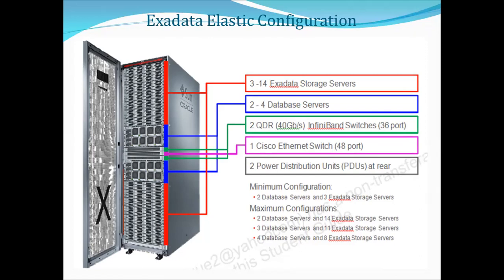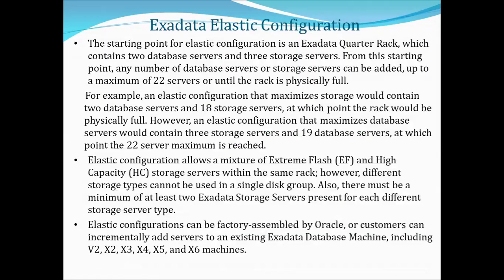Alternatively, we can change the configuration to 3 database servers and 11 Exadata storage servers, or 4 database servers and 8 storage servers. So in an elastic configuration we can add or remove database servers as well as storage servers. The starting point for an elastic configuration is the Exadata quarter rack, which contains 2 database servers and 3 storage servers.